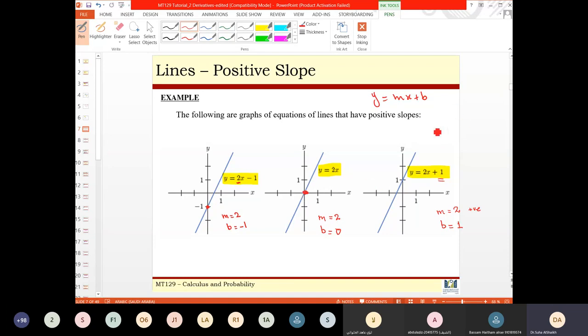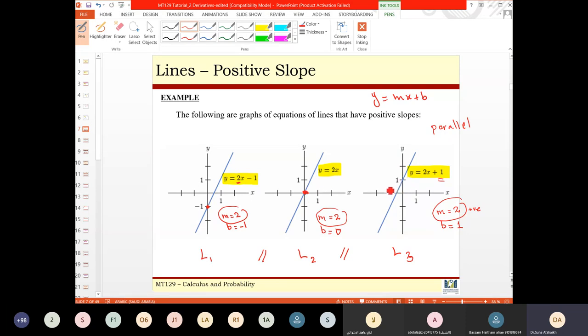Notice that the 3 lines are parallel. If I call this one line 1, this one line 2, and this one line 3, then line 1 is parallel to line 2 and parallel to line 3. Why? Because the slope is the same. They all have the same slope, 2, 2, 2, but the cutting is different. One time I cut at -1, one time at 0, one time at 1.